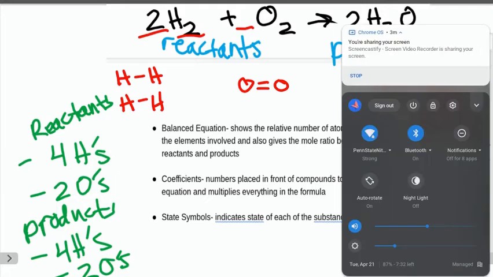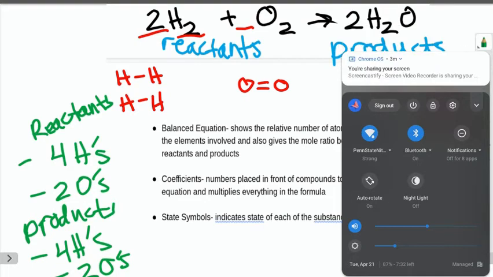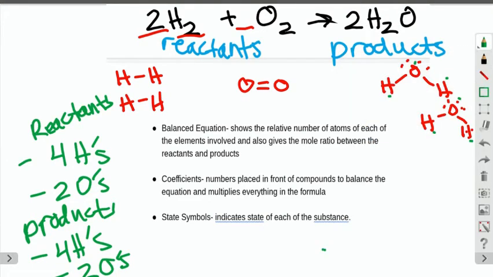So that's these numbers that I underlined in red right here. Those are examples of coefficients. Those are used to balance the equation to make sure all of the atoms equal the same amount on the left side and the right side. And this is to satisfy the law of conservation of mass.